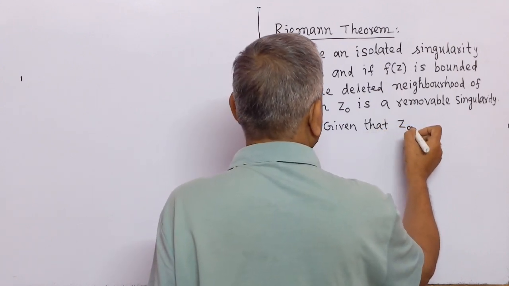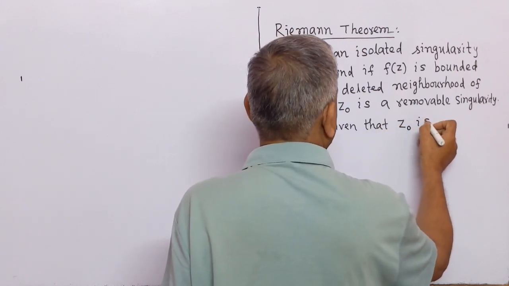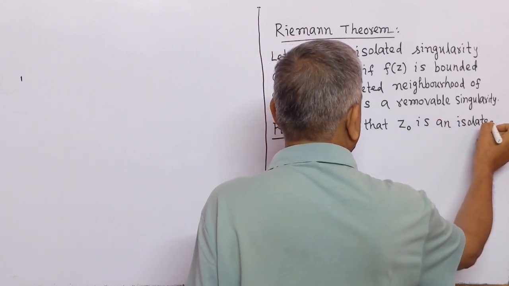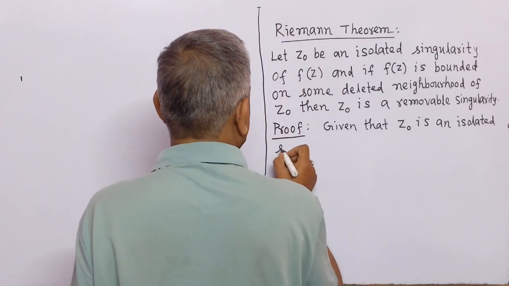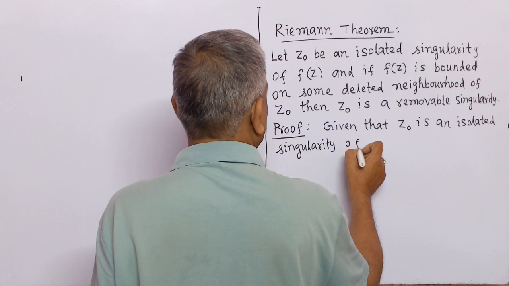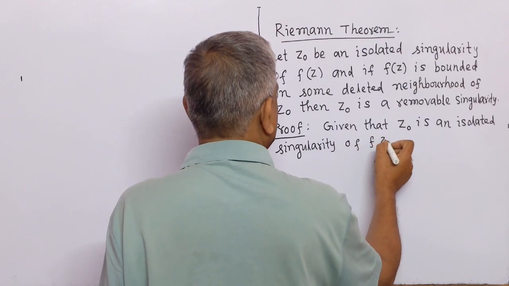z naught is an isolated singularity of function f(z).